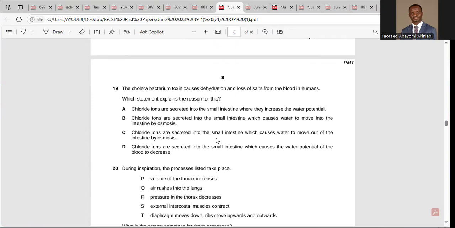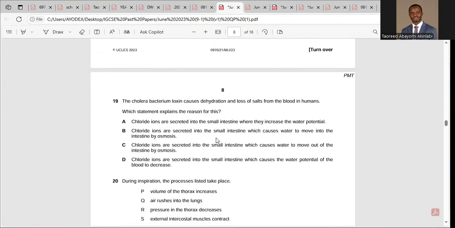For question 19, the cholera bacterium toxin causes dehydration and loss of salt from the blood in humans. Which statement explains the reason for this?